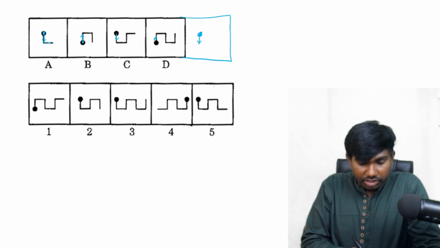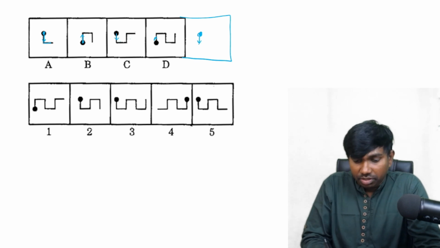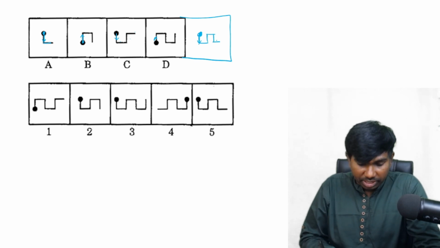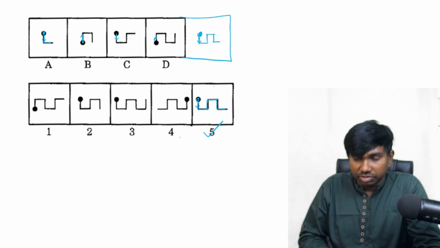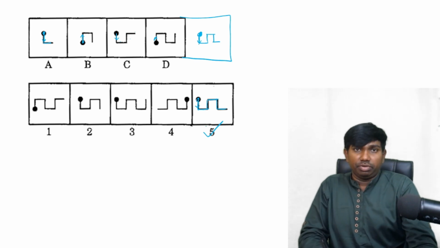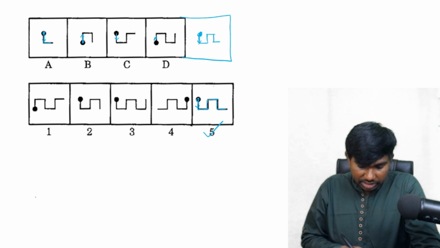In A there are 2 lines, and in B there are 3 lines. In C there are 1 2 3 4 lines, 5 lines here. There must be 6 lines here, 1 2 3 4 5 and then 6. So which figure is matching? Answer is option 5, because 6 lines along with the dot, and the first line is towards the bottom, downwards. So answer is option 5.